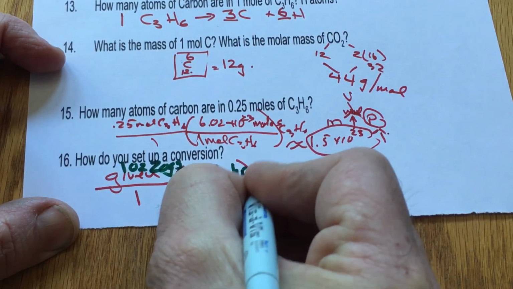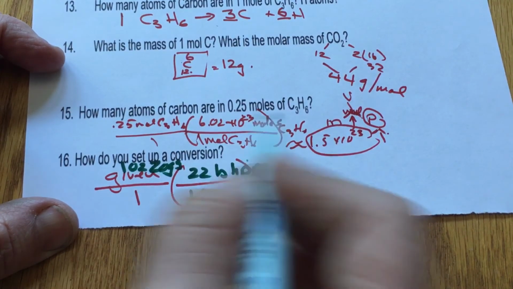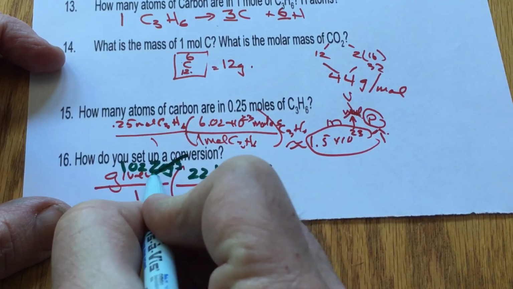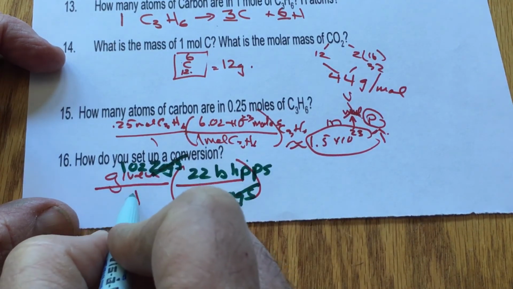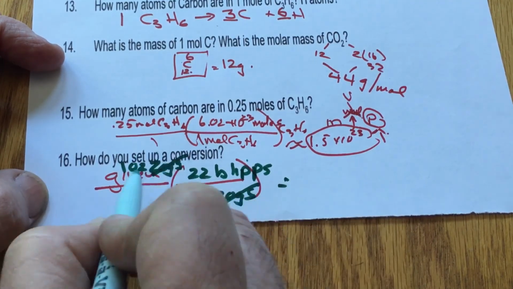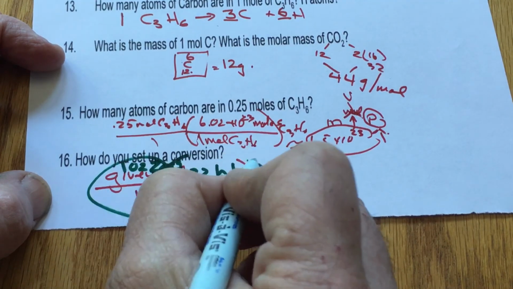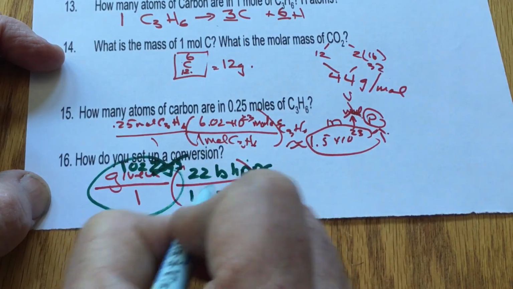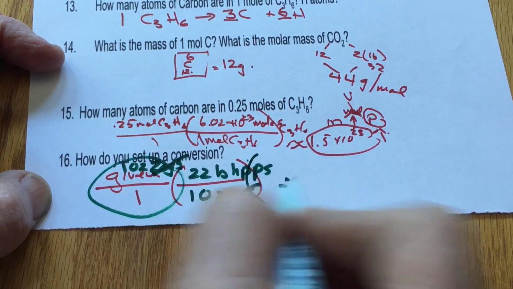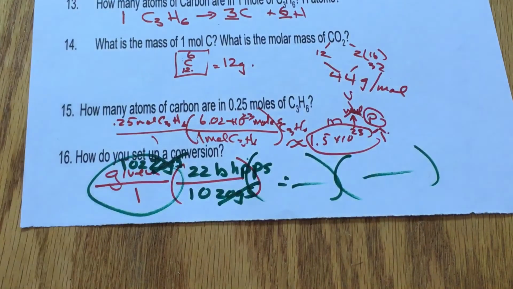To convert 102 zogs into blips, we find the appropriate conversion factor and cancel zog with zog. The basic idea is the given over 1, then set up the conversion factors. For most of our stoichiometry problems, you're starting maybe with grams, converting to moles, then doing the mole ratio, and then converting to something else. All right, that's it.